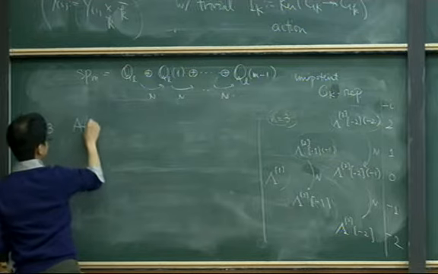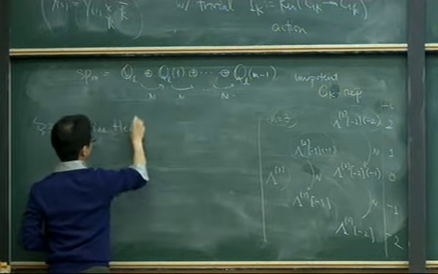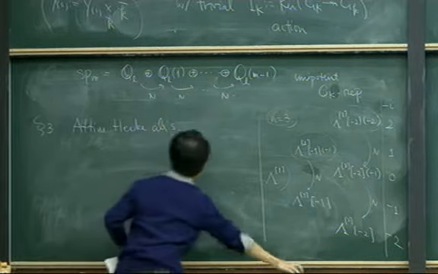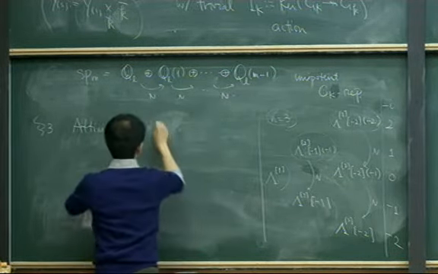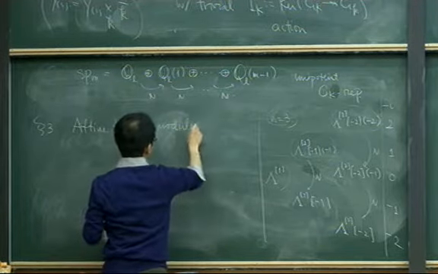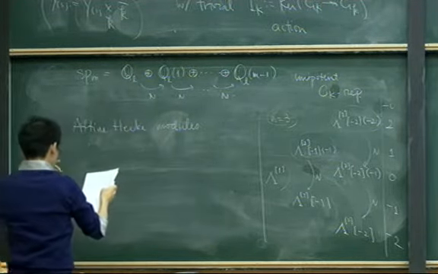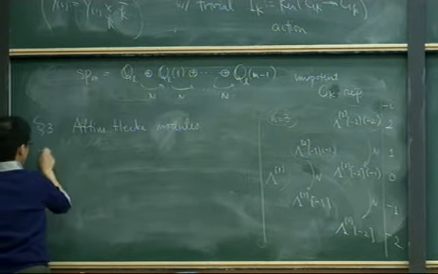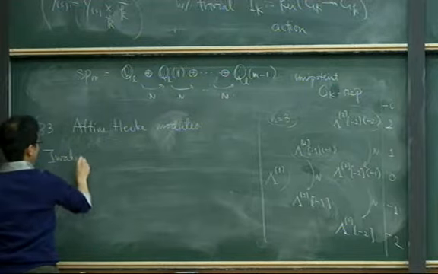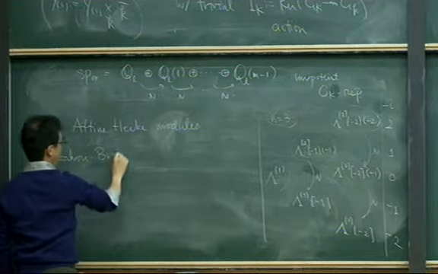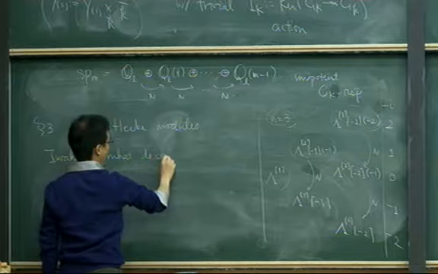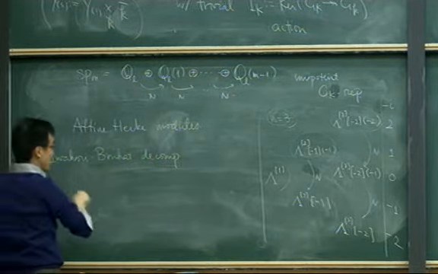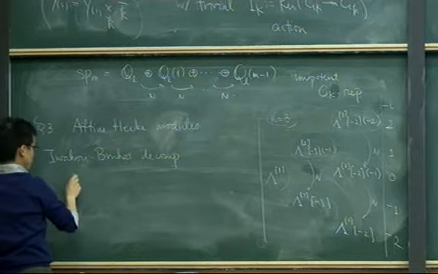Okay, affine Hecke algebras. Hecke modules. I'm not sure how much I should go into this. So the way to understand the Hecke algebra for this group, the Iwahori subgroup, is the Iwahori-Bruhat decomposition.